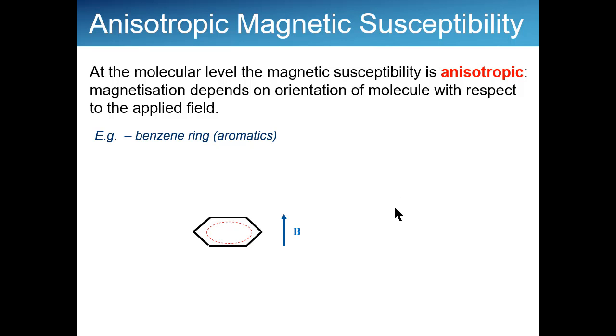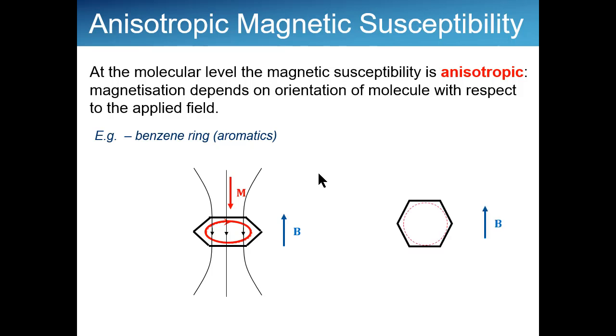If you have a magnetic field applied perpendicular to the benzene ring, it's easy to induce changes in the electronic currents in the ring, which generate a magnetic field which opposes the applied field, and therefore you get quite a strong diamagnetism. If the ring is oriented parallel to the field, you don't get that effect on the currents, and therefore you have a different susceptibility.